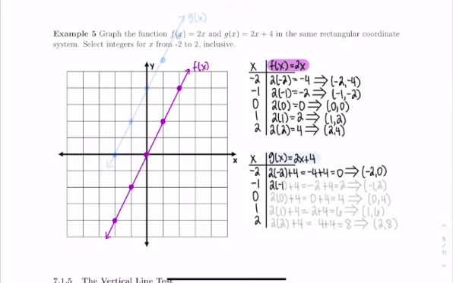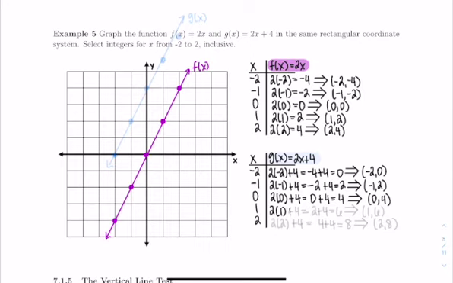We have 2 times negative 1 plus 4, which is negative 2 plus 4, or 2. And so we have the point negative 1, 2. We have 2 times 0 plus 4, which is 0 plus 4, or 4. So we get the point 0, 4.